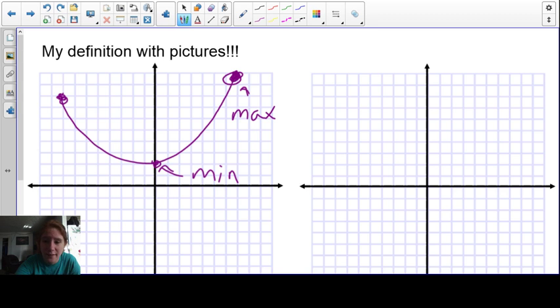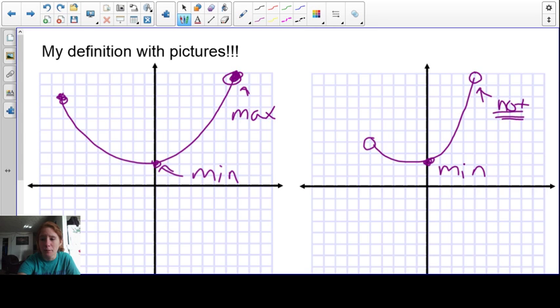However, on this second one, we have some open dots. So on this one, I only have a minimum because this point here does not exist in my graph. We don't actually touch it. So this one's actually not a maximum.